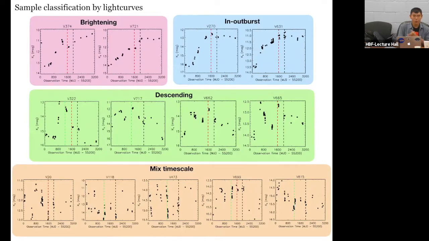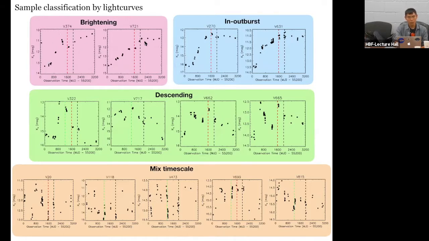Before we go to the spectra, I want to show you the light curves of those objects. You might not really be able to see the details, but in general, in the first layer here, you see all those light curves in pink and in blue. They are really smooth, right? So we call them brightening, or outburst targets, because they have a very big rise in their photometric magnitude.